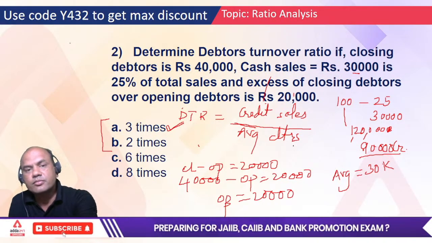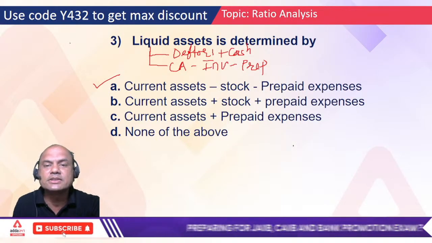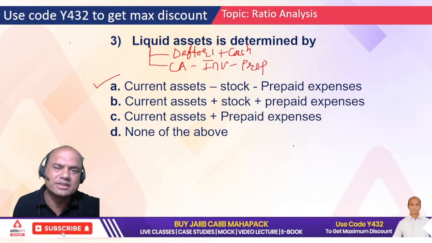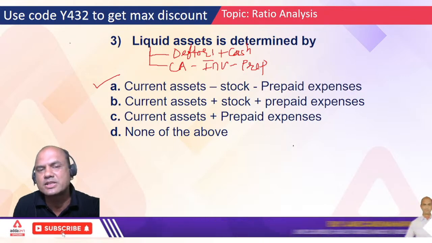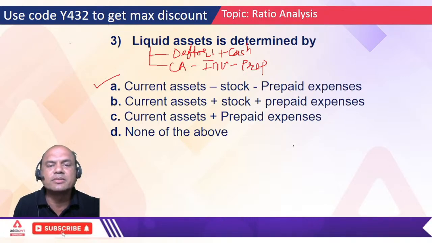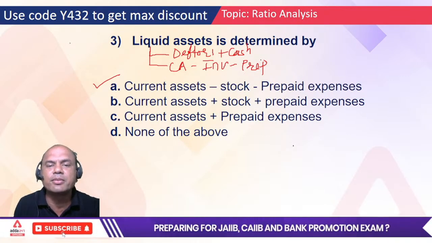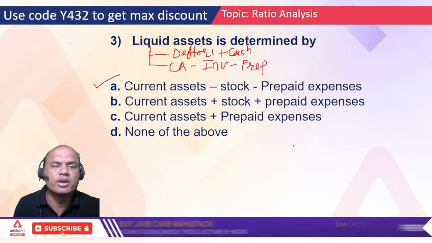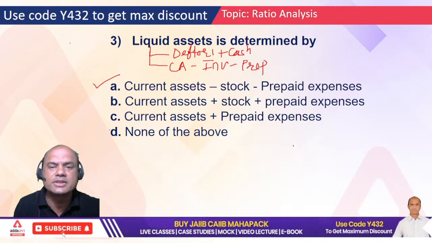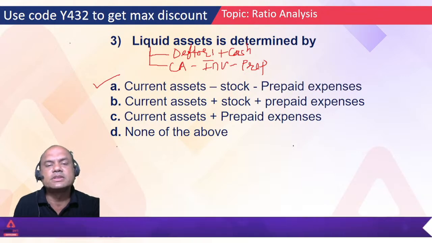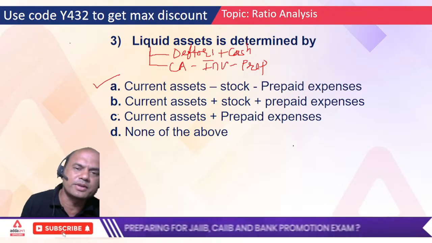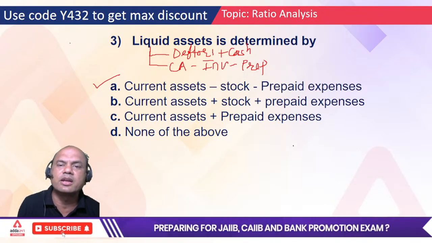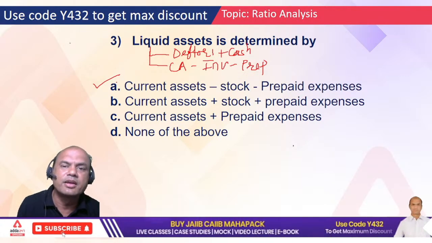Okay. Second one, liquid assets is determined by what? What is liquid asset? Liquid asset means debtors plus cash basically, or current assets minus inventory minus prepaid expenses. So which one is the answer? A, B, C, D. Type fast in the comment section.